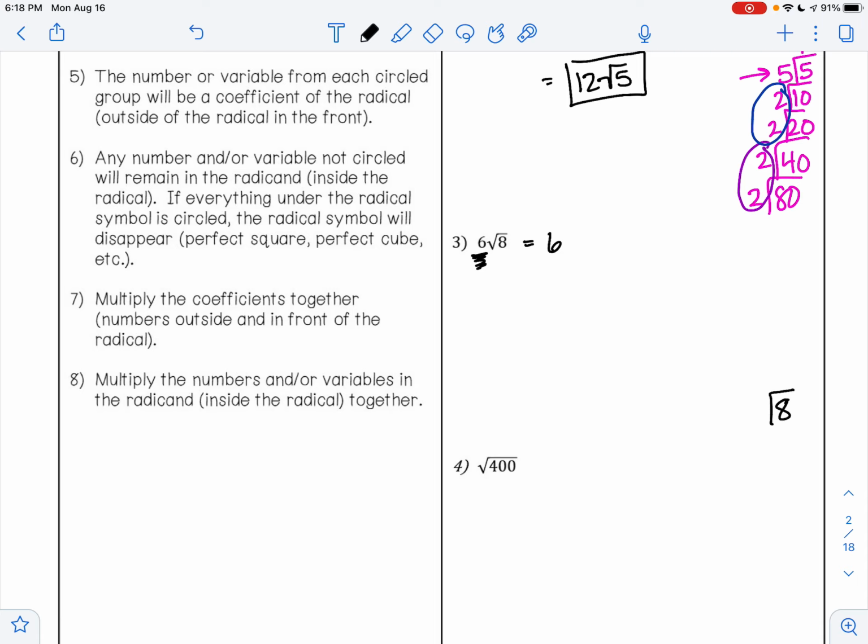The smallest prime number that goes into 8 is 2. 2 goes into 8 4 times. The smallest prime number that goes into 4 is 2. 2 goes into 4 2 times. The smallest prime number that goes into 2 is 2. 2 goes into itself 1 time. When you get to 1, you're done. That's the candle to your cake.